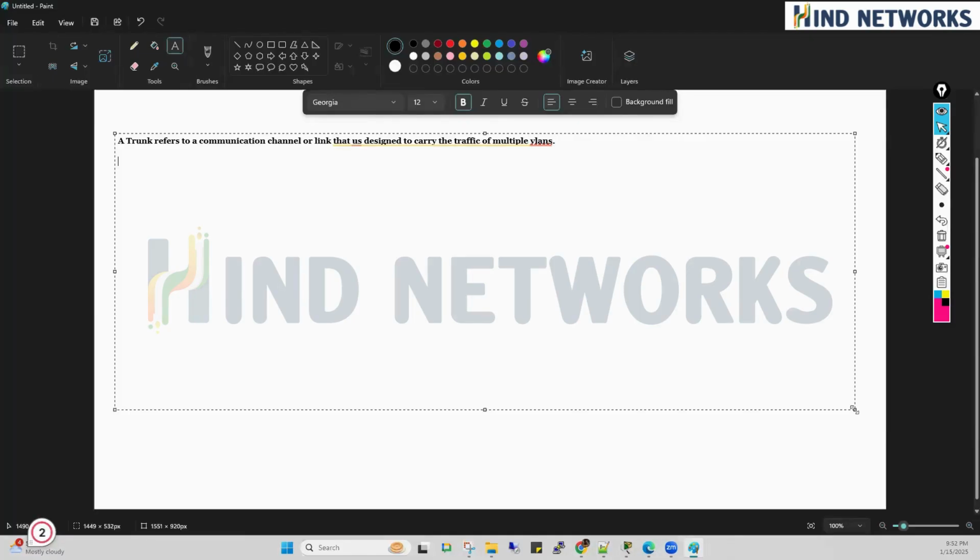physical cables, different physical links for every VLAN. It means one physical link is able to make communication possible for different VLANs. So one link can carry different VLANs data. But before trunk, what were we doing?